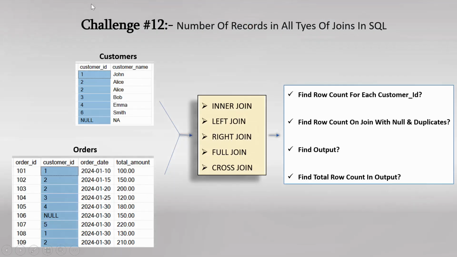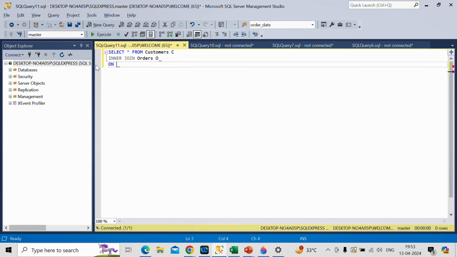If you see this slide, we have highlighted this column. So we are performing the join on customer ID. I'll write ON C dot customer underscore ID equals O dot customer ID. So this is the syntax. Select star from customers, that is the first table, inner join, second table, and on which key we have to perform the join, for that we have written the ON condition.